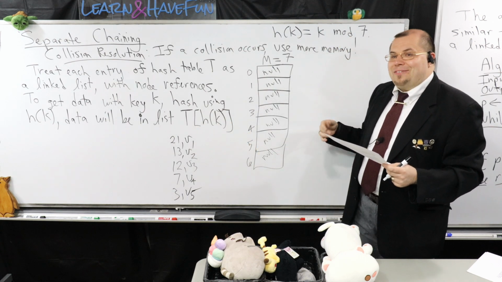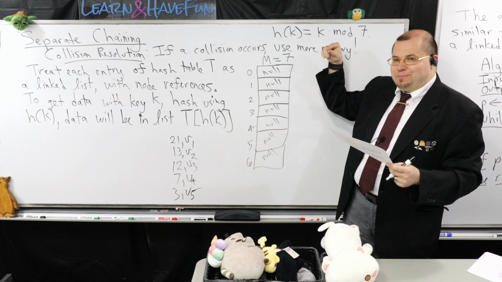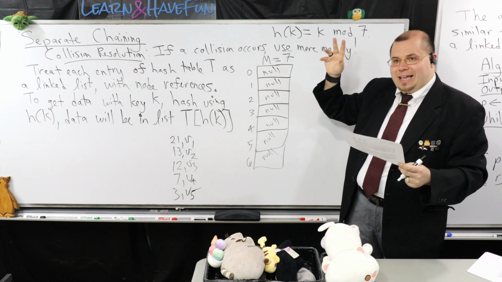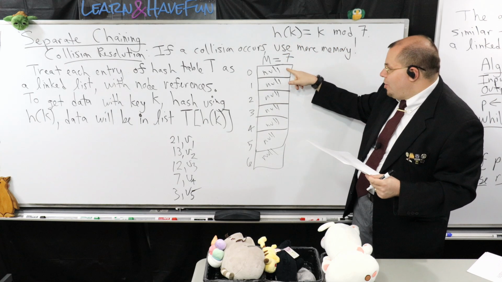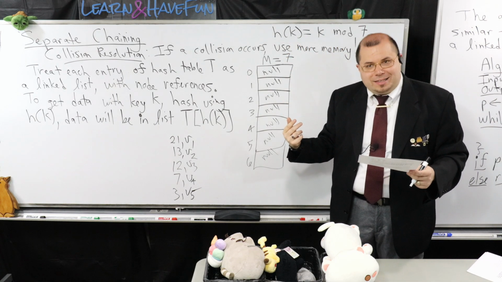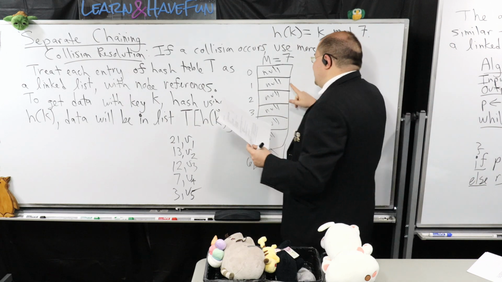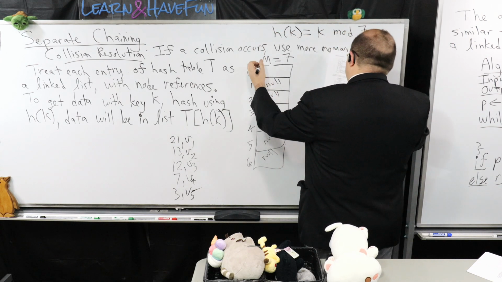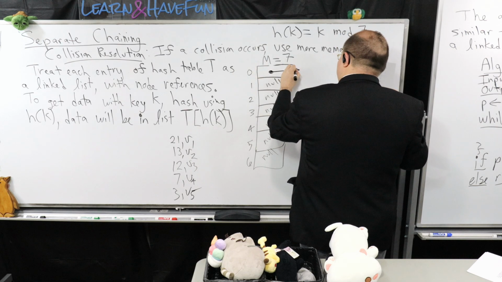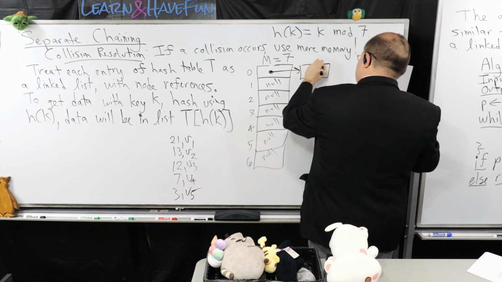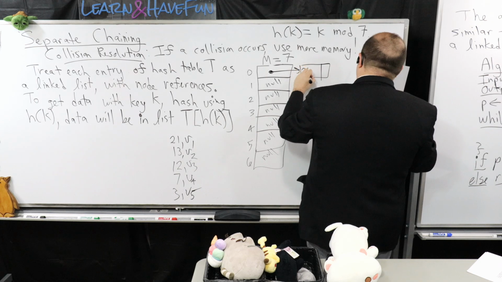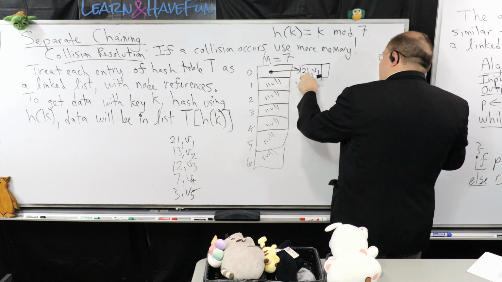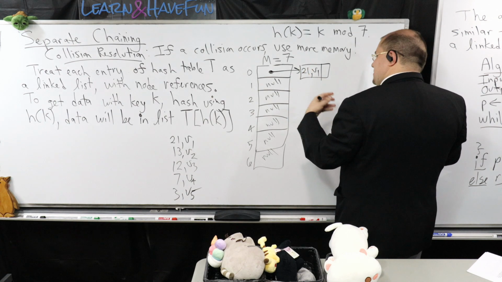If it's null, then I'm just going to create a new node and make that the head of the linked list. You can imagine these all as pointers to heads of linked lists. So I create a new node, and I assign this particular slot to be this node, because that's just the head.